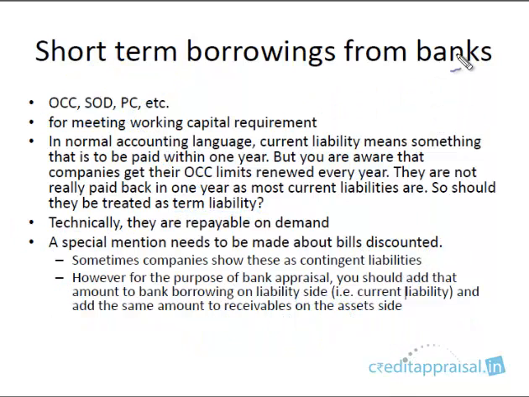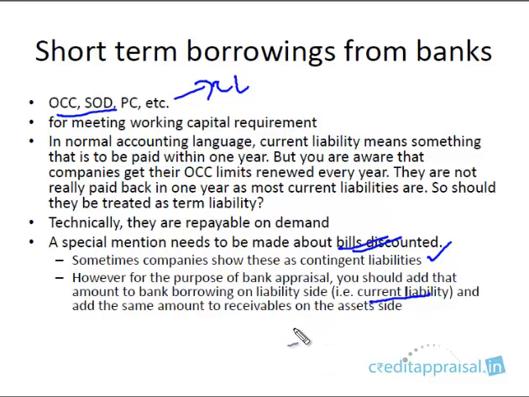So always make it a point that short-term borrowing funds are current liabilities. Don't ever classify them as term liabilities. And in this context, you need to be aware of something called bills discounted. Sometimes companies do show them as contingent liabilities. Now, as a banker, when it comes to assessment of working capital limits and CMA classification, you have to classify these bills discounted as current liability.